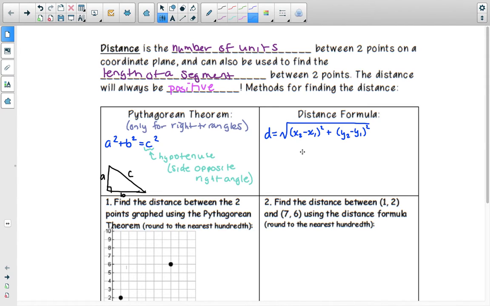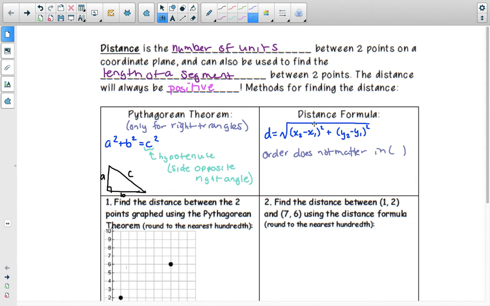One thing to remember, just like with slope, the change in y and the change in x, is that the order does not matter in the parentheses, in that change in y and change in x, as long as you're consistent. So if I have x sub 2 first, I need to have y sub 2 first inside of here. I can also do y sub 2 minus y sub 1 squared first.